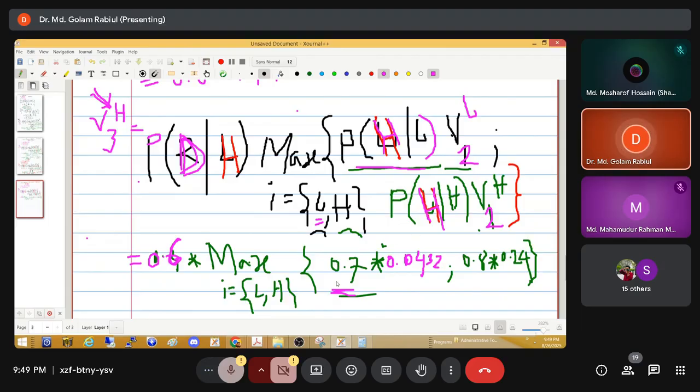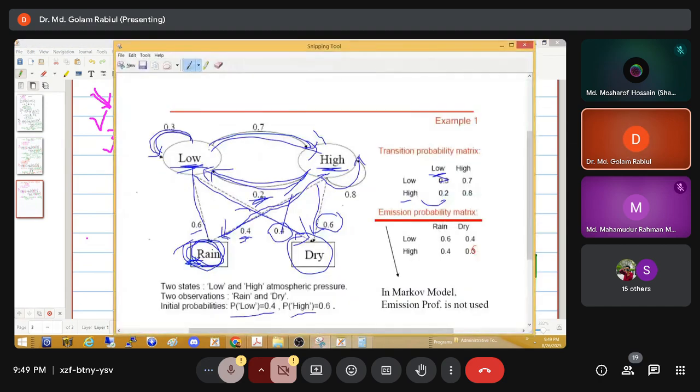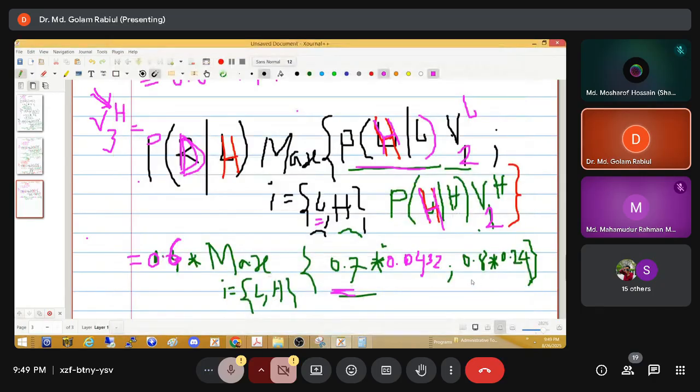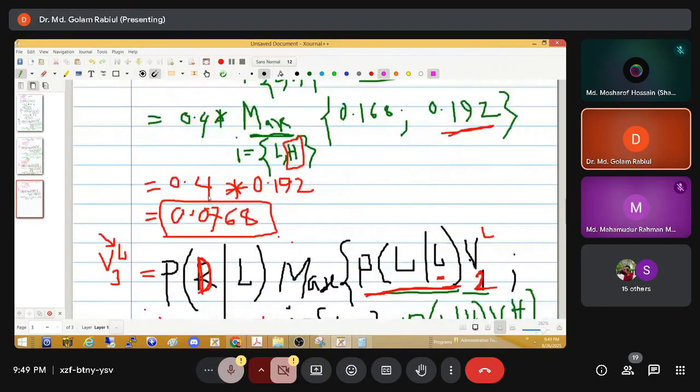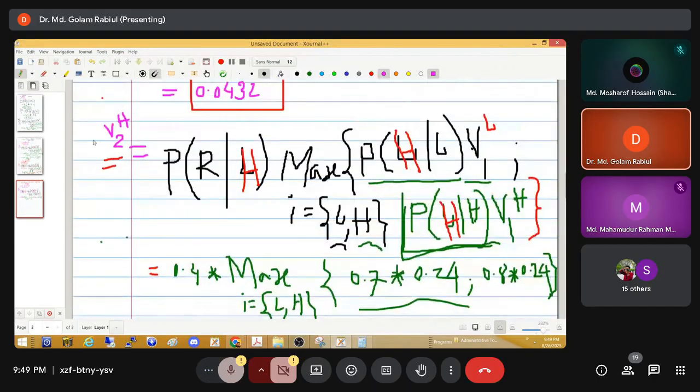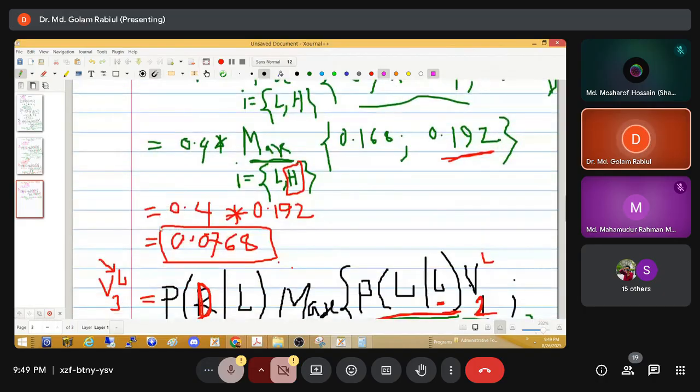And then probability of high given high, according to our model, is 0.8. So here is the 0.8, and V2H is 0.0768.